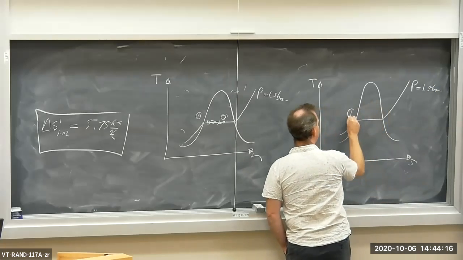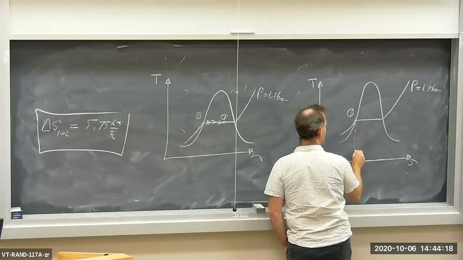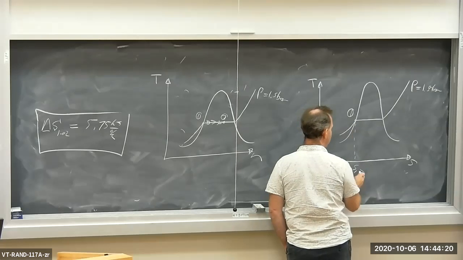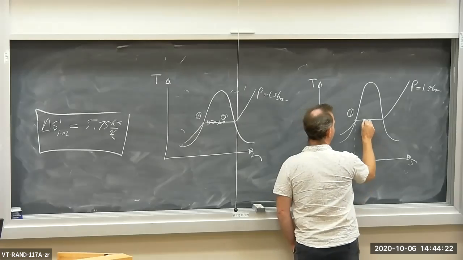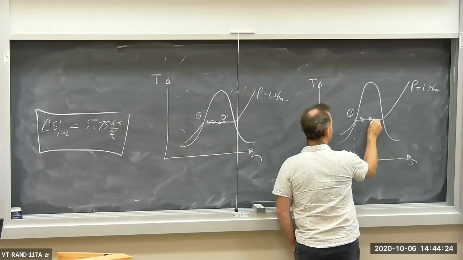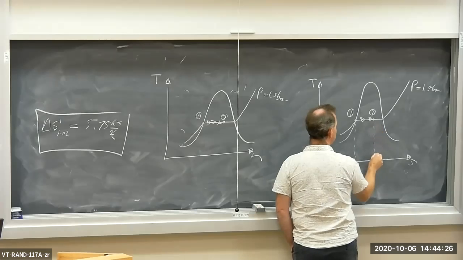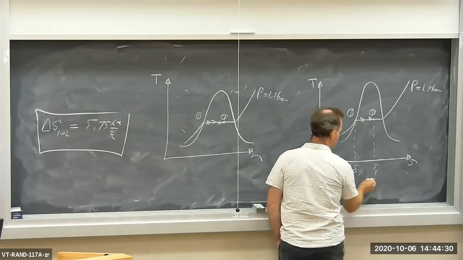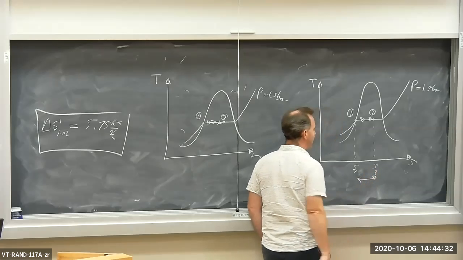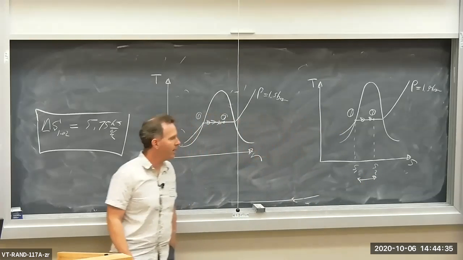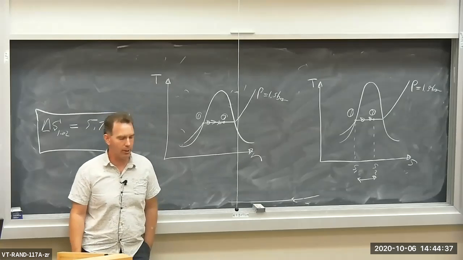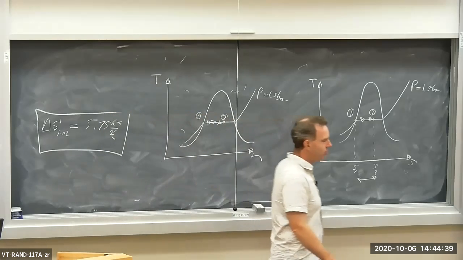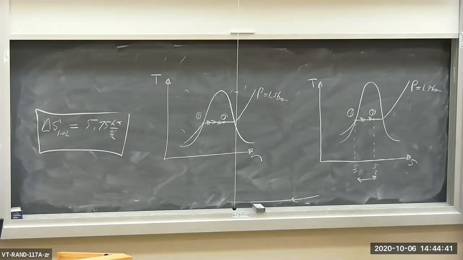So we started off with a saturated liquid with a specific entropy S1. I don't remember what that was. And then we moved over to state 2 and ended up with a specific entropy at state 2. So this is our change in specific entropy. So that's what the process looks like on a TS diagram, where S is specific entropy of the system.